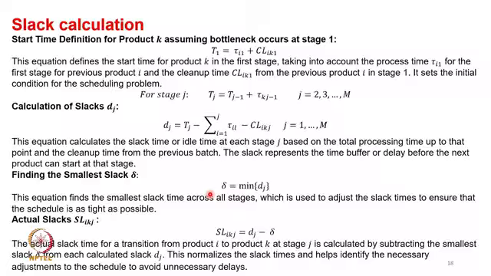So, the actual slack time is the slack time for the transition from product K to the stage, as calculated by subtracting the smallest slack delta from each calculated slack. It normalizes the slack times and helps identify the necessary adjustment. So, when you find the minimum slack time, you subtract it from the corresponding Dj to find the actual slack time.